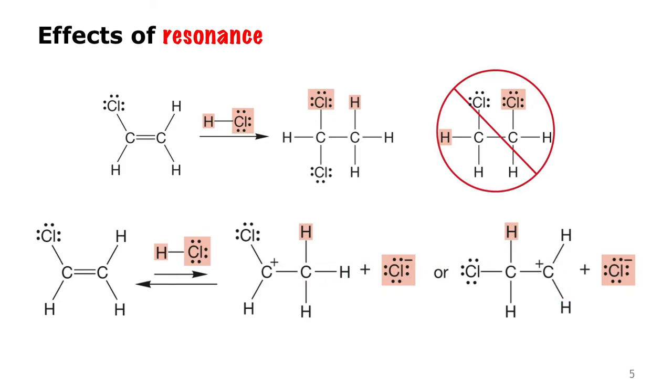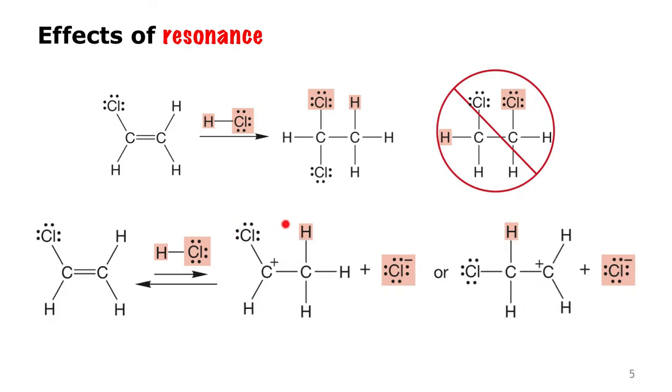Now, if we look at the product, it's pretty clear that it must be proceeding through the carbocation where the positive charge is next to the chlorine rather than the alternative. And the alternative should look bad to you. This is a primary carbocation. We would never invoke that in a mechanism.